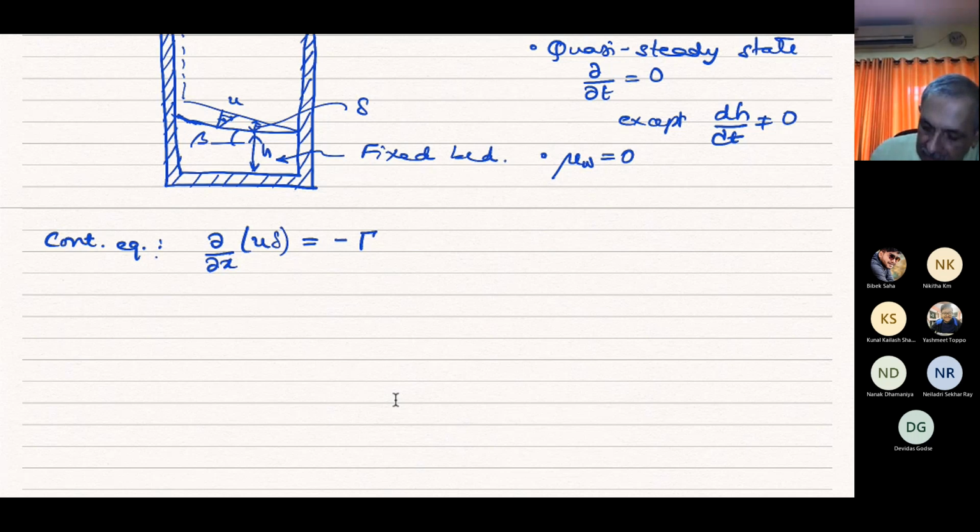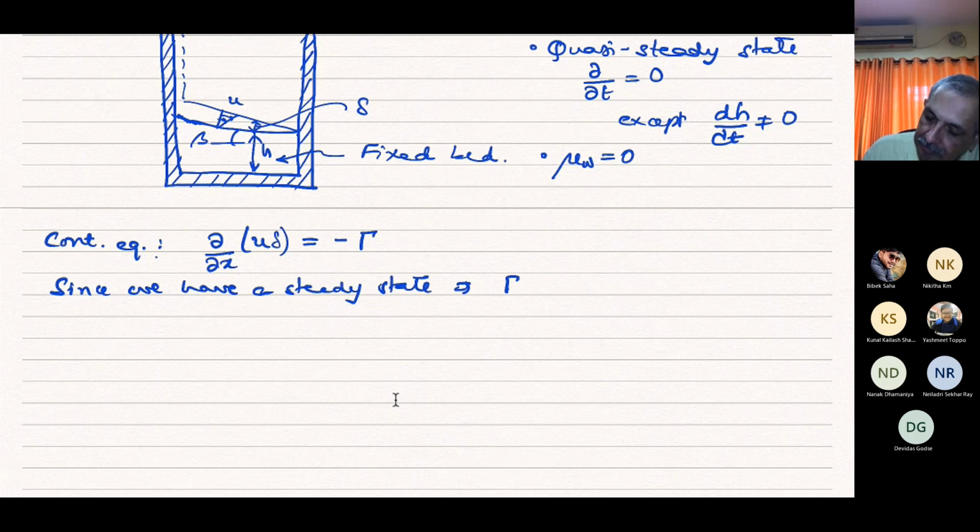Now since we have a steady state, or a quasi steady state, this implies that gamma is a constant.